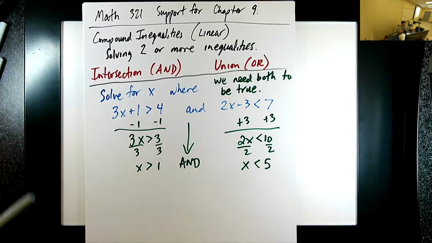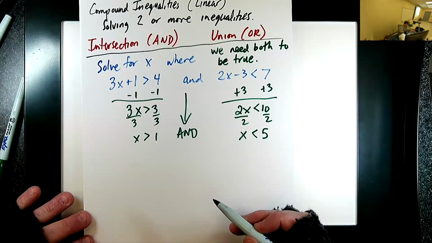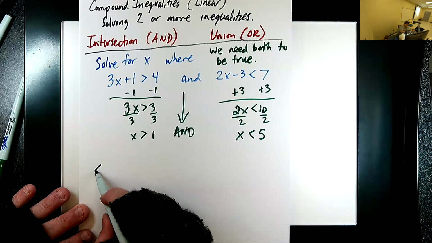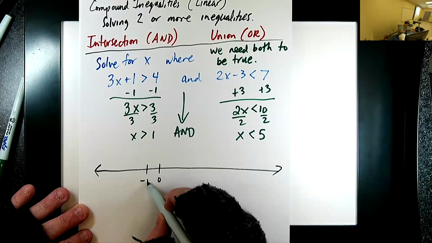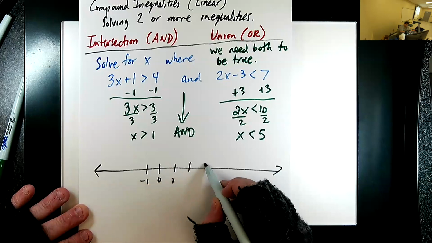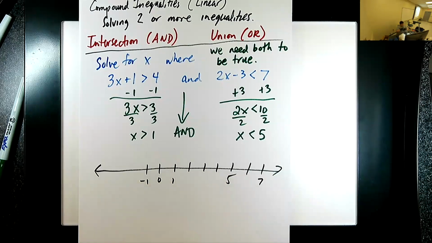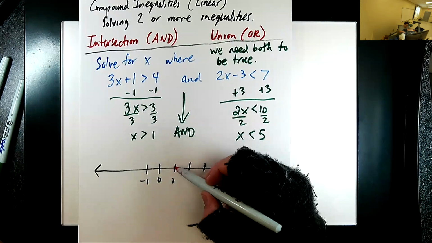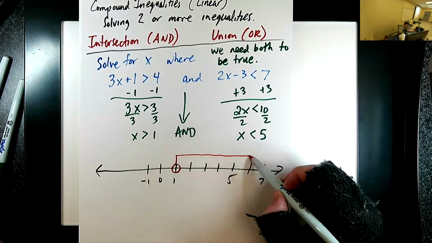So if we look at that on a number line, x is greater than 1 is doing values at 1. We start at 1 and we go to the right.